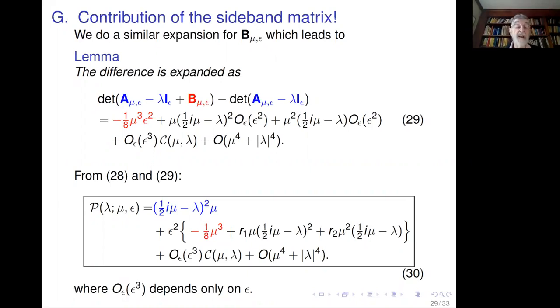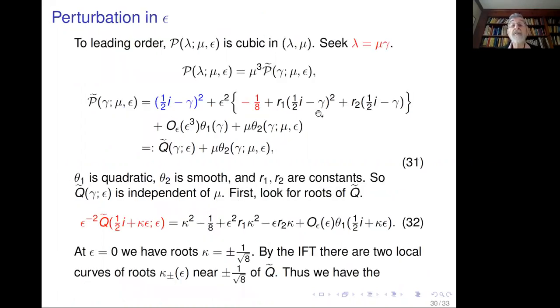So we can just do a little scaling. I'm going to write lambda equal mu times gamma. Gamma is just another convenient parameter. And I want to know that there's a gamma in the right half plane.